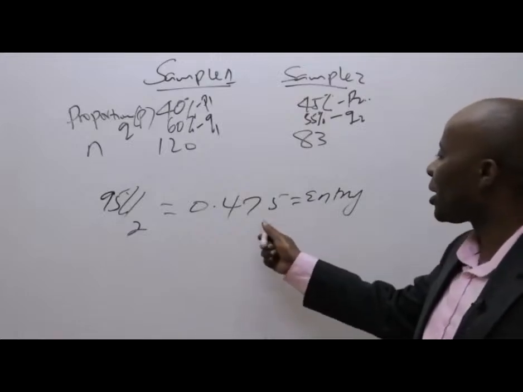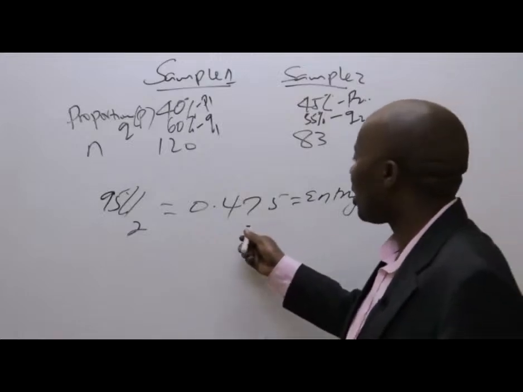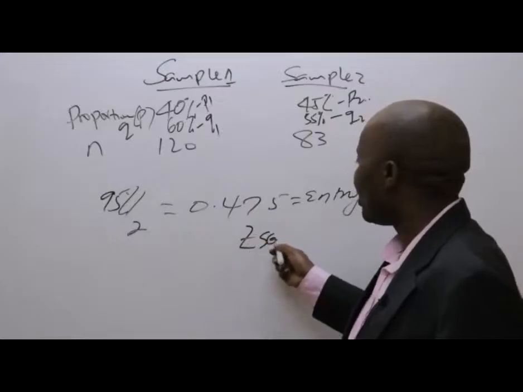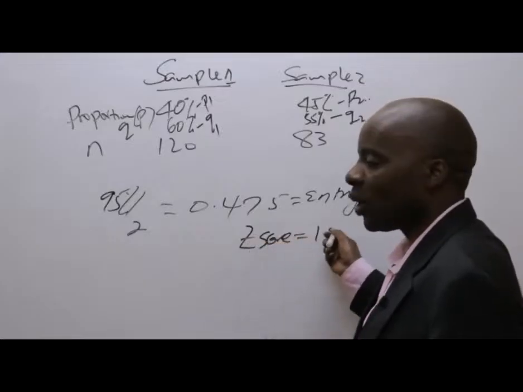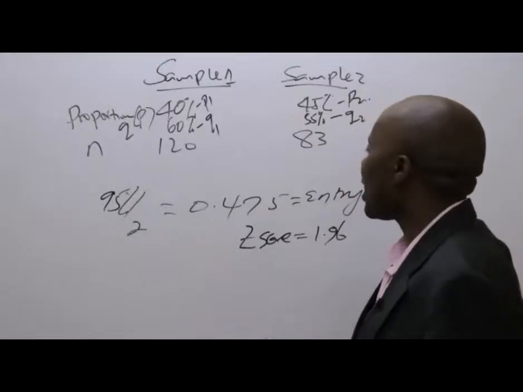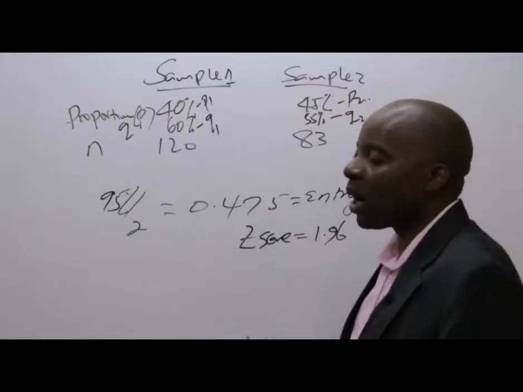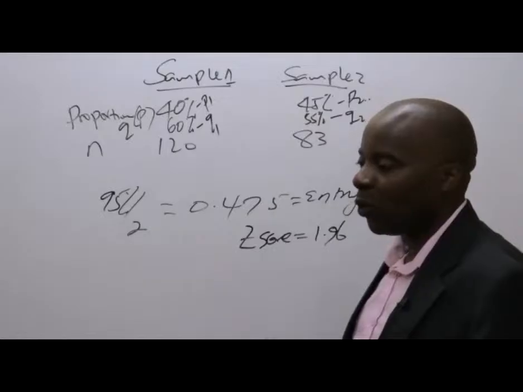In this case, we have here the Z score. The Z statistic is 1.96. Once I have 1.96, I will be at home.